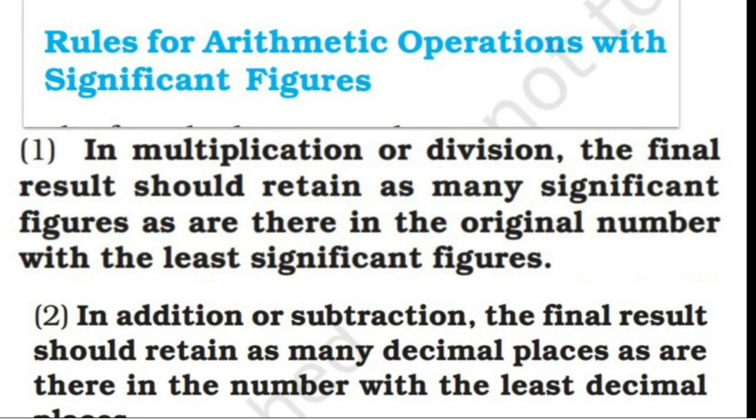So when you do multiplication or division, you should find out which measured value is having the lowest number of significant figures. After getting that result, you should round it off to that least number of significant figures. We'll do one example.